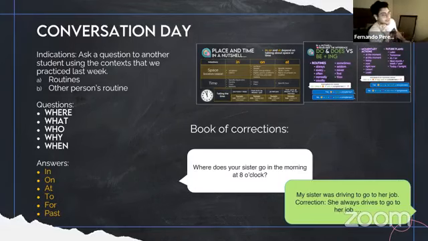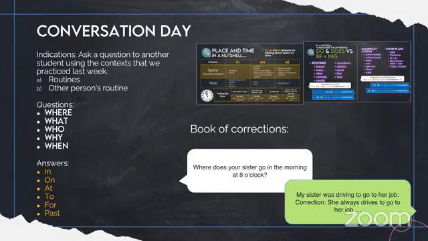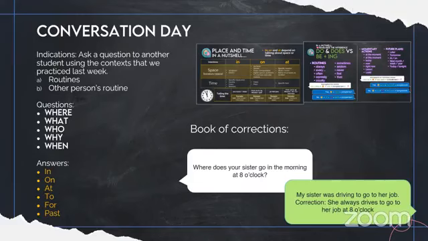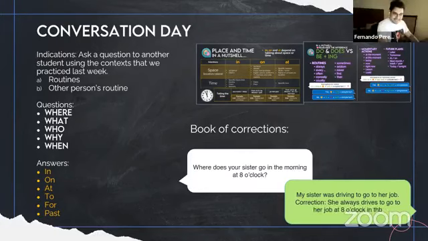You are not answering Karen's question. She always drives to go to her job at 8 o'clock. Ah, that's perfect. At 8 o'clock in the night? In the morning. In the morning, complete. She always drives to go to her job at 8 o'clock in the morning. That is fantastic.